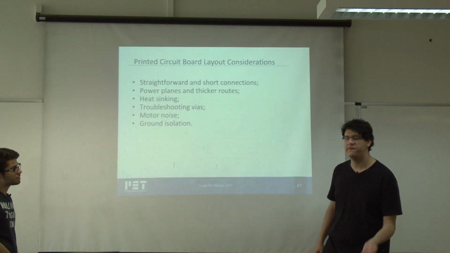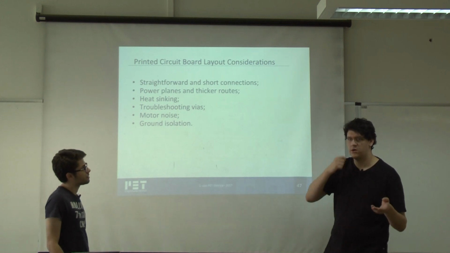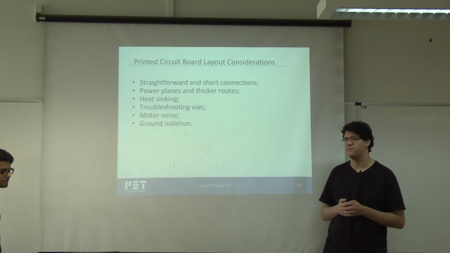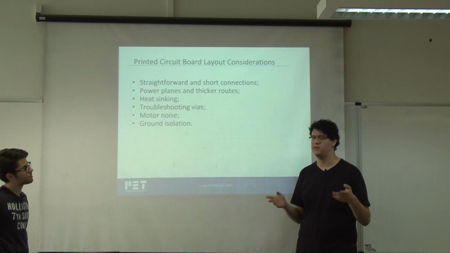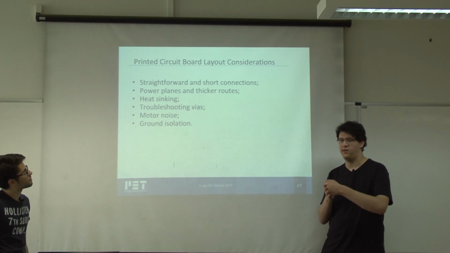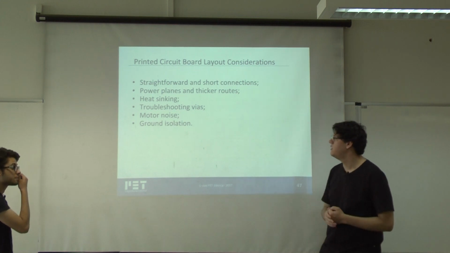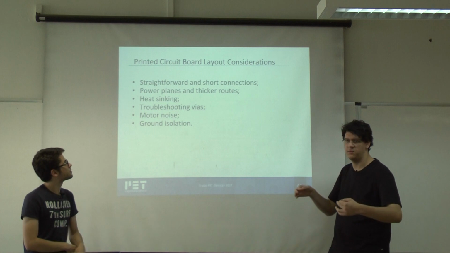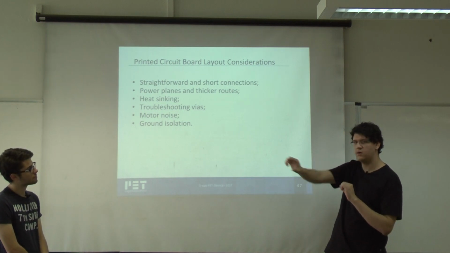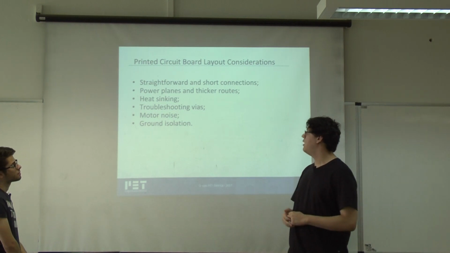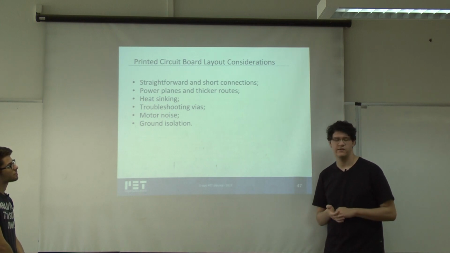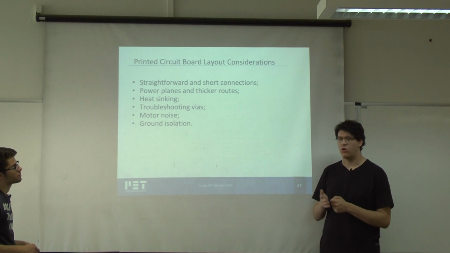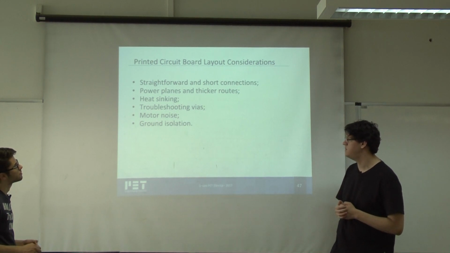And you have to make thicker routes in your PCB because the current is really big and you have to handle it. But with short and straightforward connections, as I said, you don't have a lot of dissipation to make in the route, so you have to make it thicker and not longer. You also have to think about heat sinking, as I've said, because semiconductor components usually don't cope well with heat.